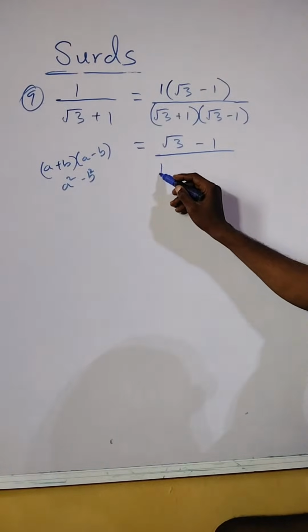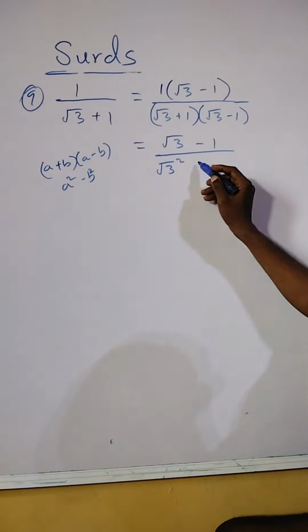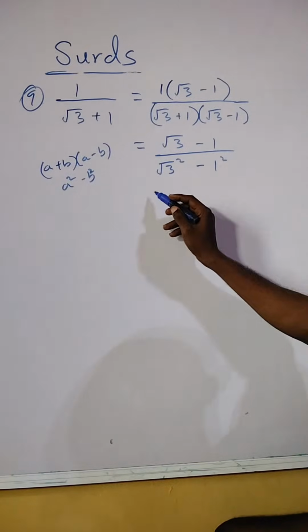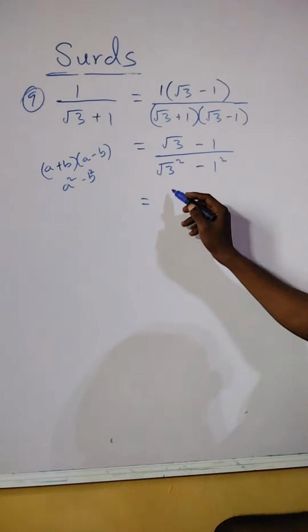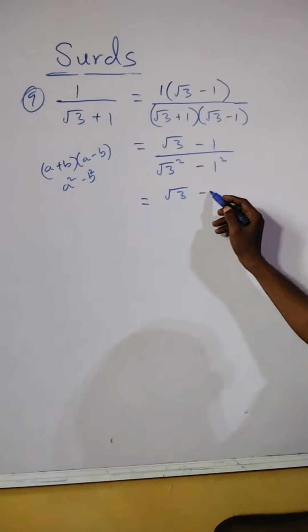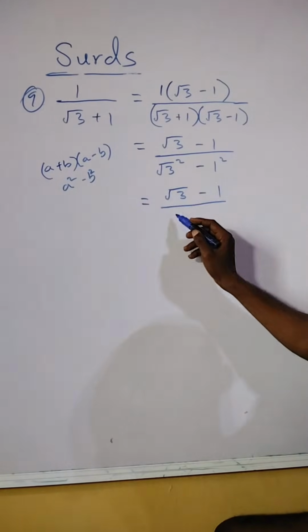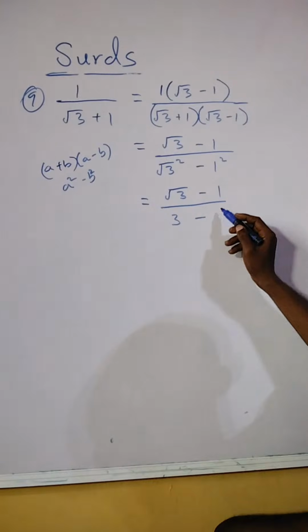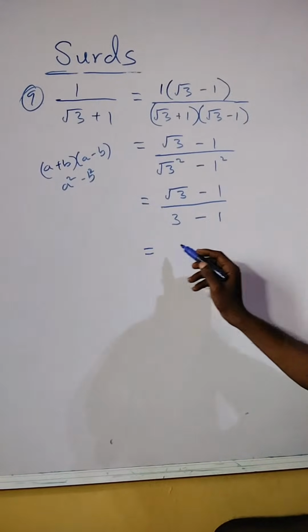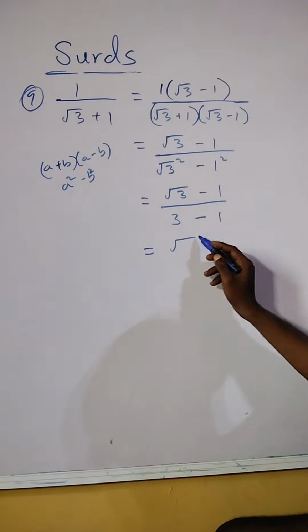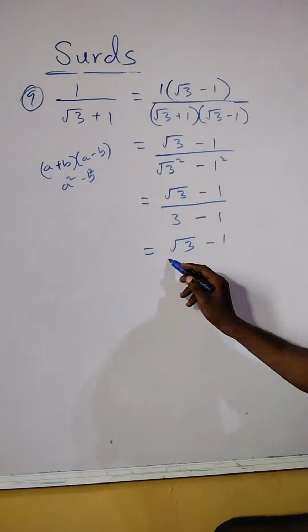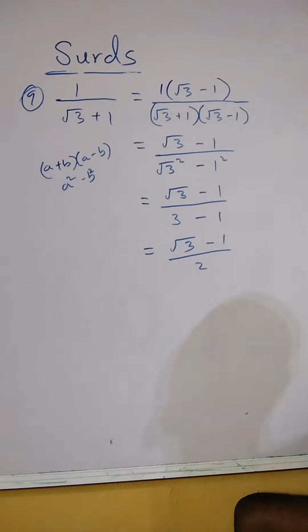Here we have root 3 square minus 1 square. Then this becomes root 3 minus 1 over root 3 square, that's 3, minus 1 square, 1. That is, here we have root 3 minus 1 all over 2.